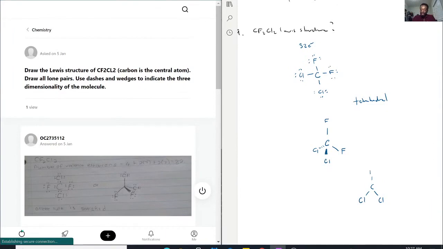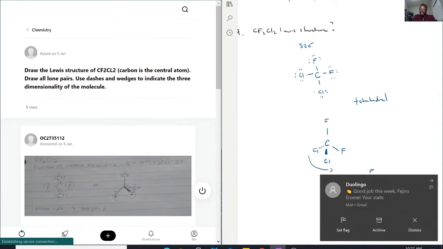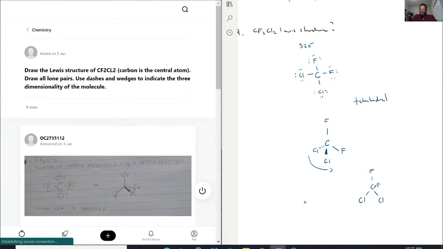It would look like this, and the fluorine would be behind the carbon. That's what happens when you rotate it this way. So it's like the fluorine into the page back there. But this is not very easy to draw, which is why we have it like that, where we can show one going out and one into the page. This is the best visual structure we can use to show that with the wedges.